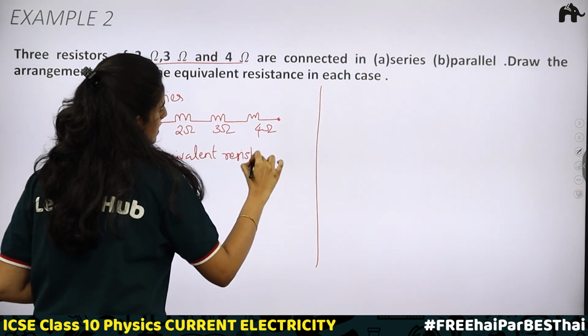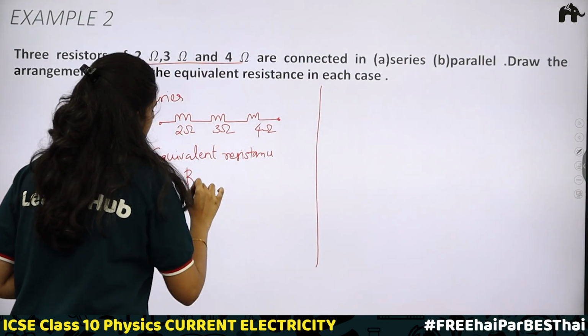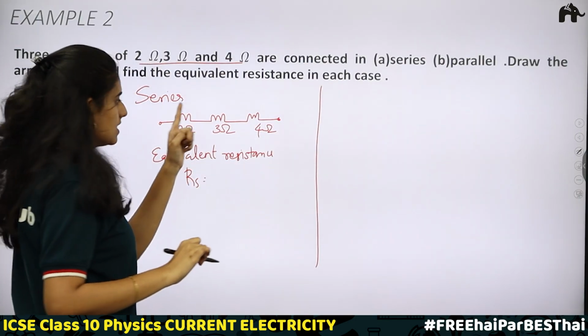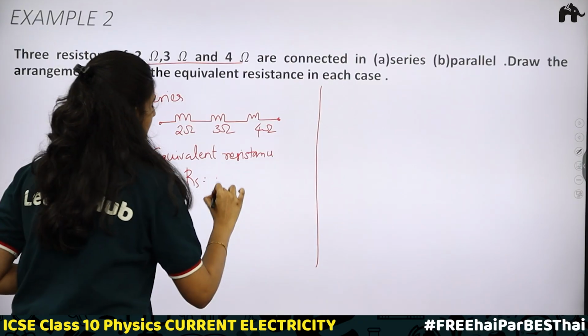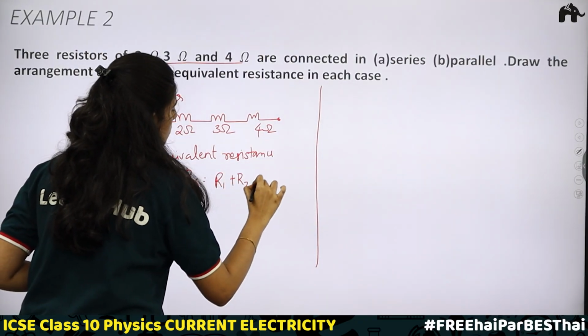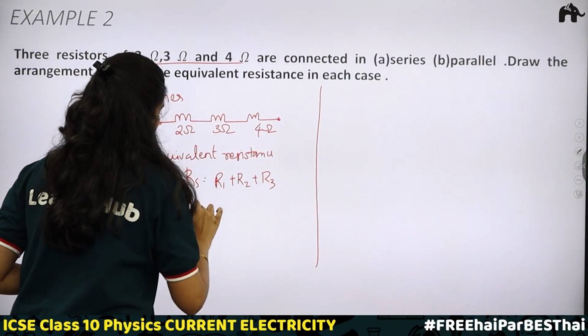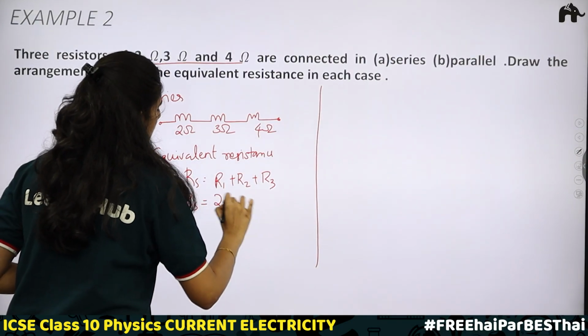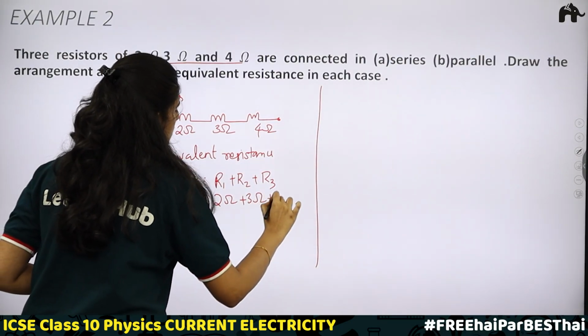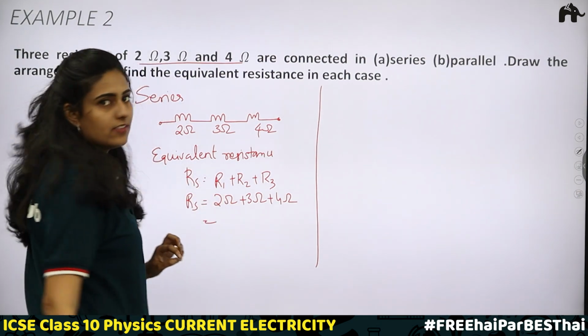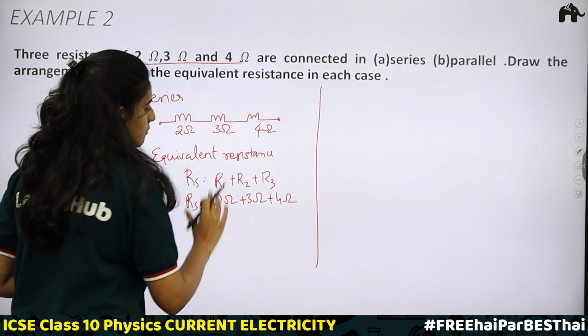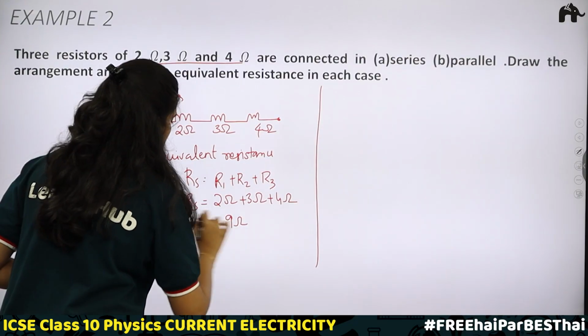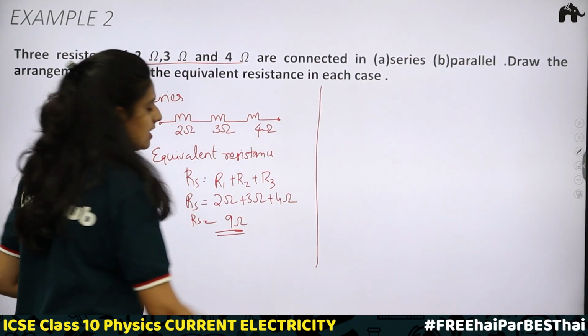Equivalent resistance Rs will be equal to, this is the first resistor, second resistor, third resistor, R1 plus R2 plus R3. Put the values. Rs will be equal to 2 ohm plus 3 ohm plus 4 ohm, which is equal to 2 plus 3, 5, 5 plus 4, 9. 9 ohm is the equivalent resistance in series connection.